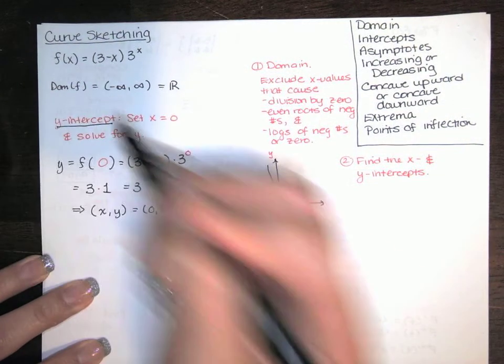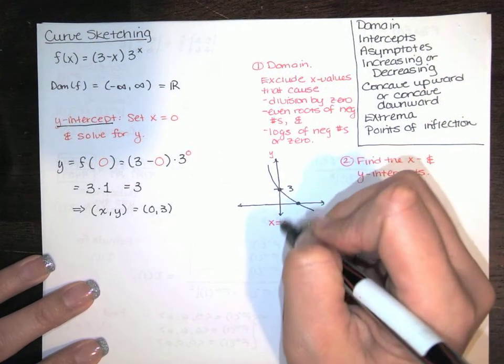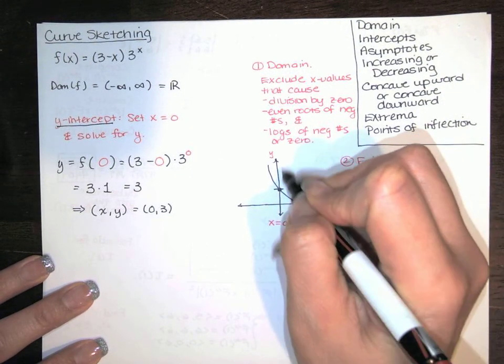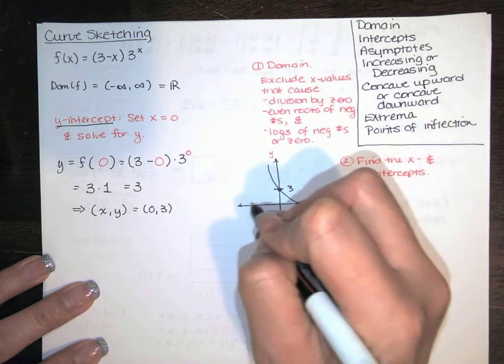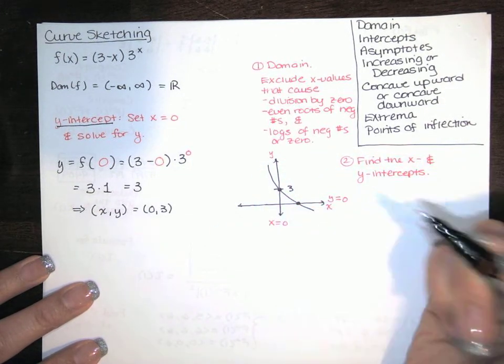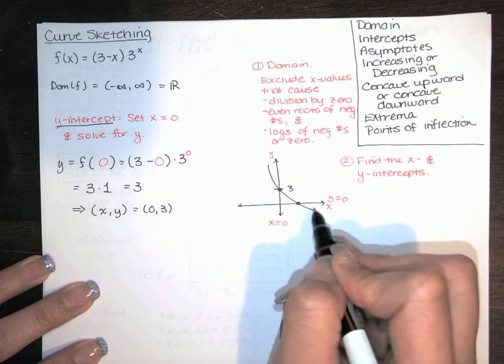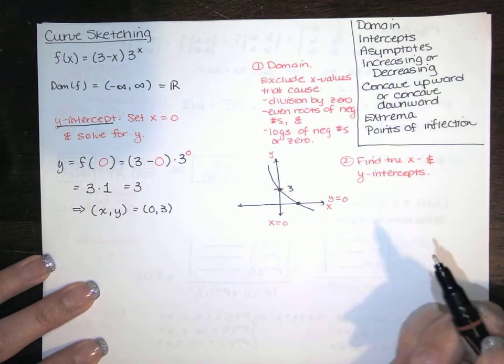Similarly, if I want to find the x-intercept, well, all the negative y values are down here and the positive y values are up here. On the x-axis, y is equal to 0. So if I want to figure out where my graph crosses the x-axis, I set y equal to 0 and solve for x.